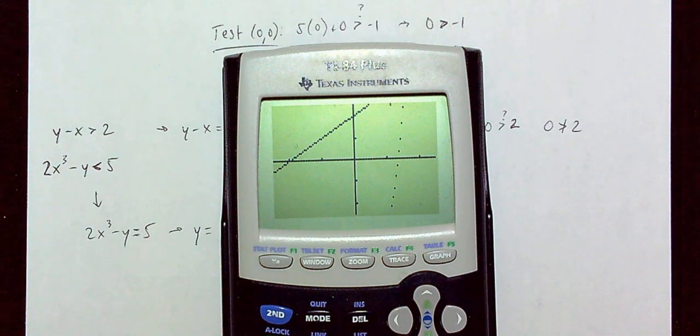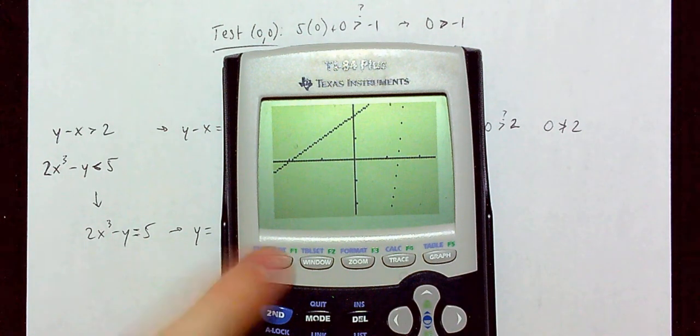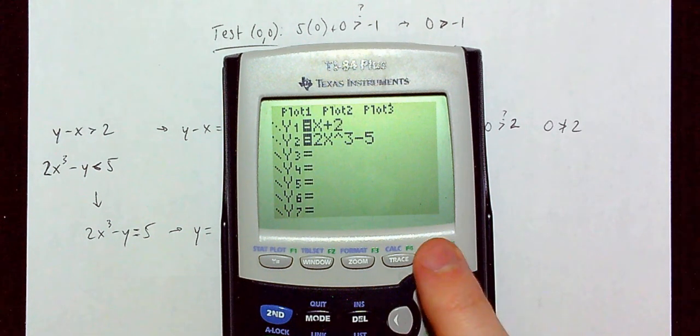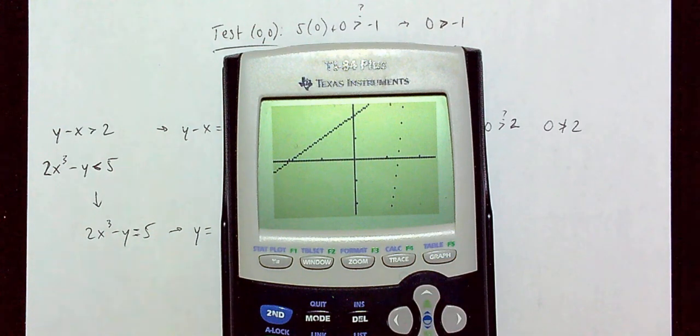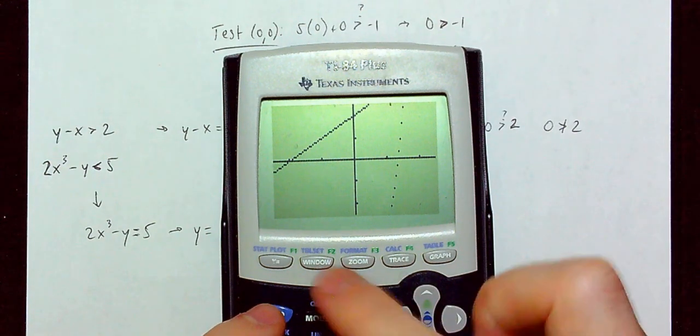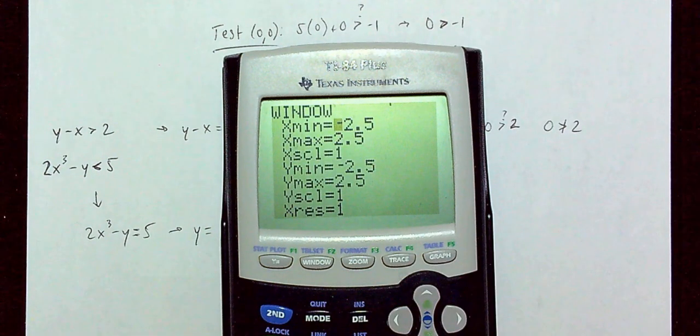If I look at the graph here, the first line, as we can see clearly, is labeled as dashed, but for some reason the calculator chose not to pick that up. In terms of visualizing our answers, it's not really going to matter that much. I'm going to change my window back to negative 10, 10, 1, negative 10, and 10.